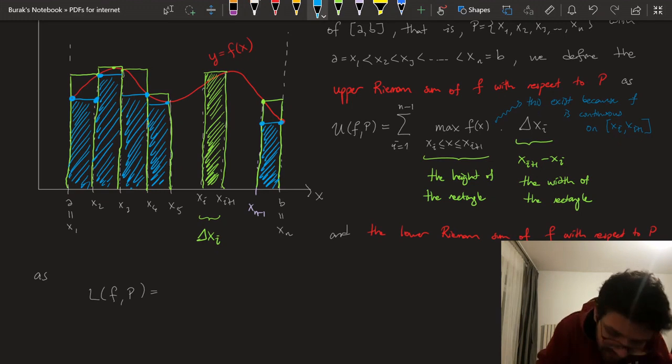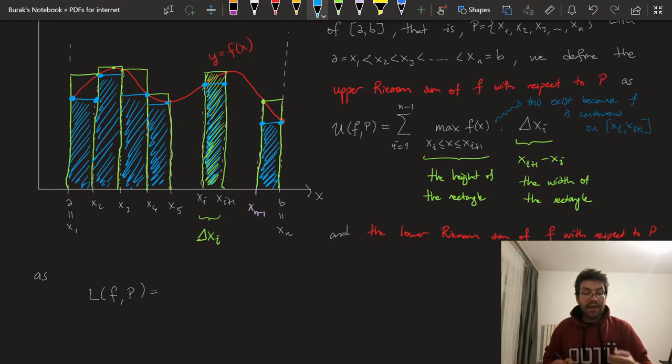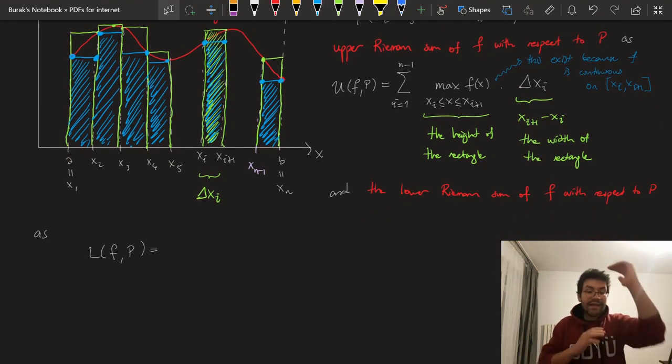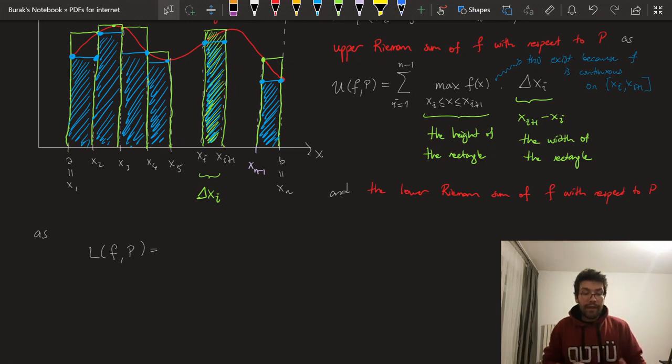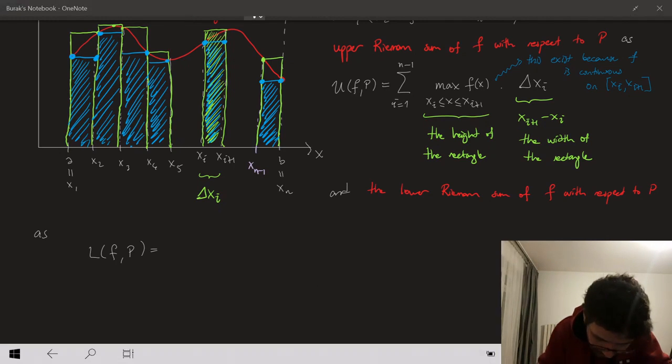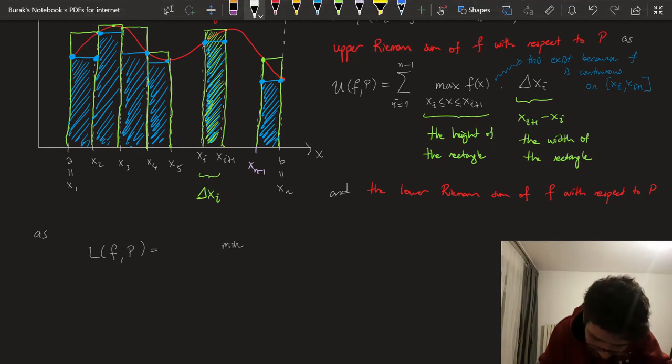So if you picked the ith rectangle here, what's the area of that rectangle? It's height times the width. What's the height? Instead of the max of f over that interval, you're going to take its minimum. So the height of the ith rectangle is this minimum value of f over the interval [x_i, x_{i+1}].